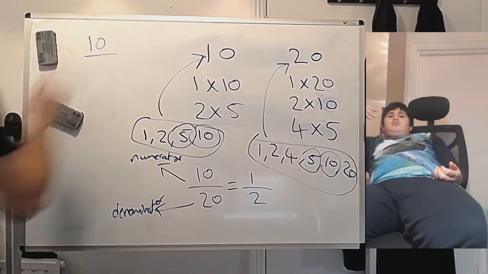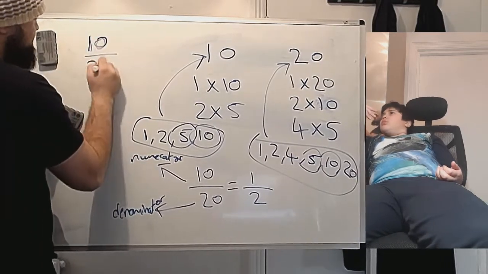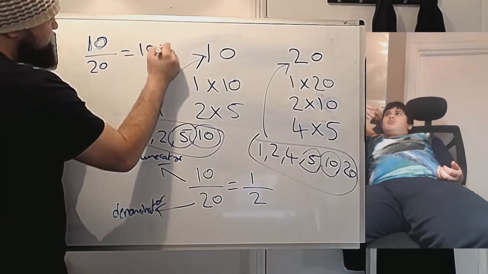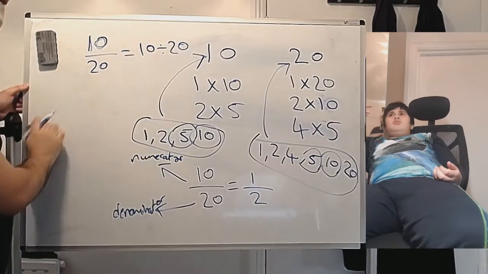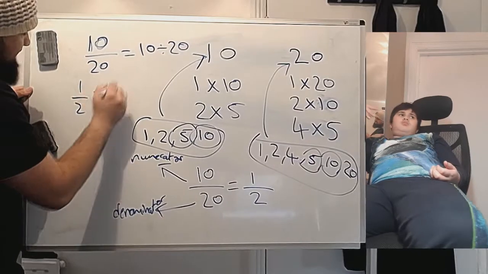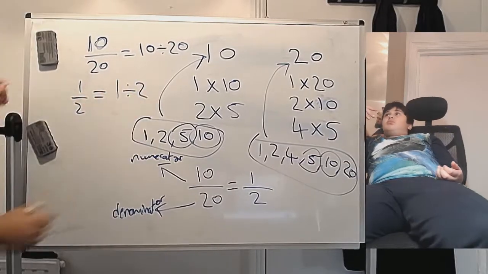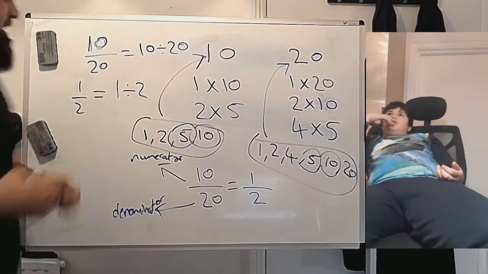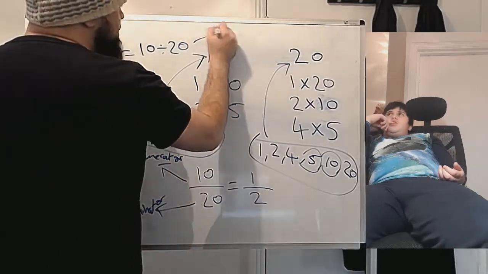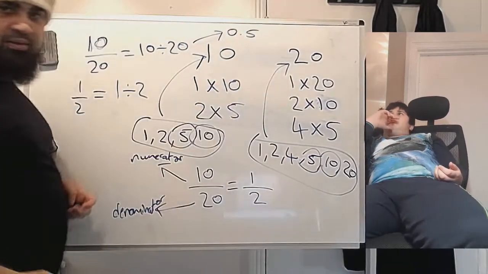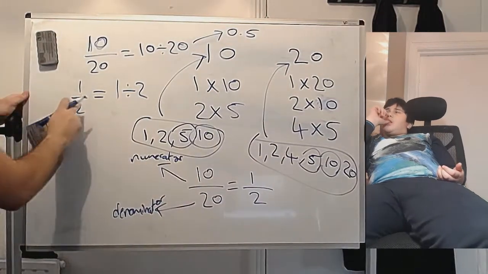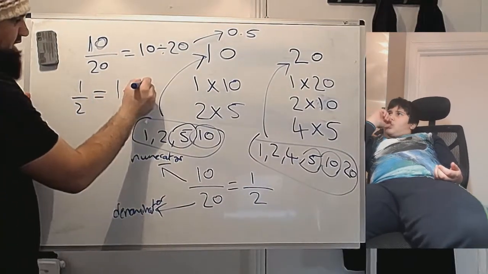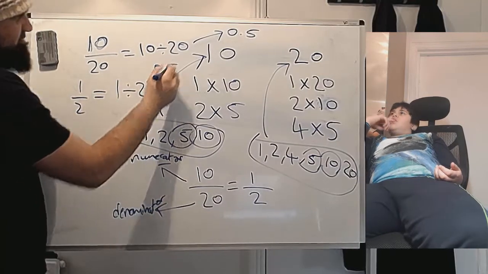So 10 over 20 is the same thing as 10 divided by 20, right? And 1 over 2 is the same thing as 1 divided by 2, right? So if you go in your calculator and write 10 divided by 20, you will get 0.5. And if you write 1 divided by 2, again you will get 0.5.